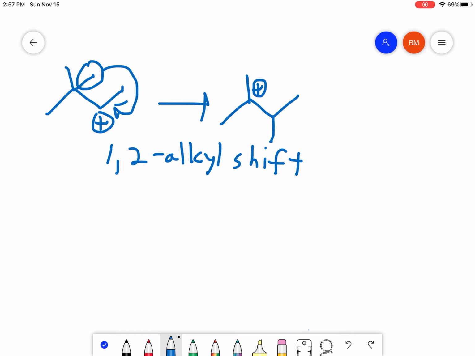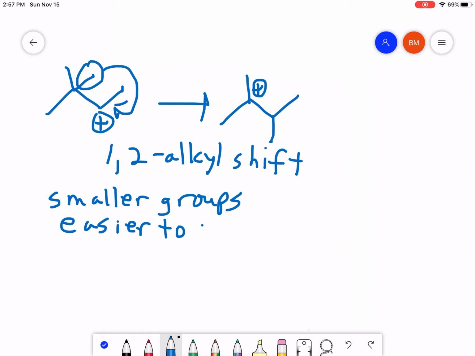In general, smaller groups are easier to shift. So if you had to choose between switching over a methyl group or an ethyl group, it'd be easier to shift the methyl group. Also, if you have a choice between a hydride shift or an alkyl shift, it'll always be the hydride.